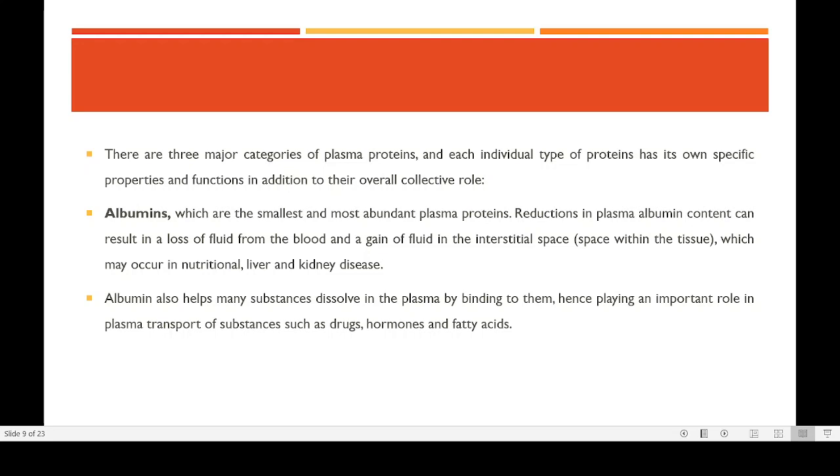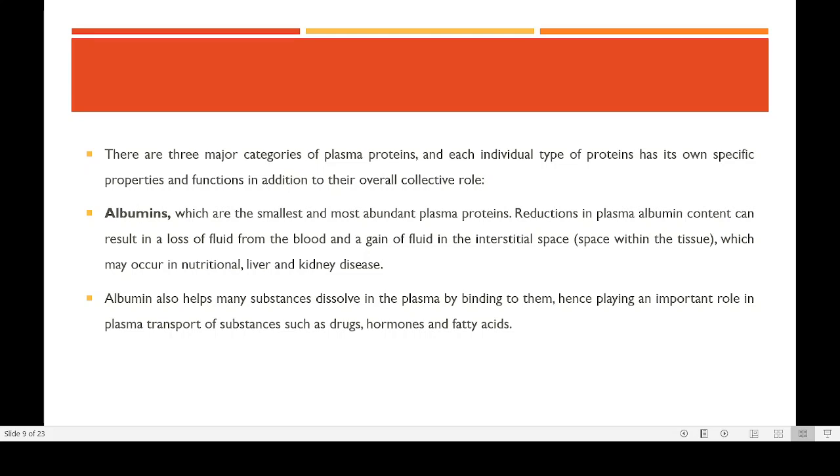Regarding the size of the protein, these proteins are very small. That is why they have two features: the smallest plasma protein as well as the most abundant plasma protein. Then reduction in plasma albumin content can result in loss of fluid from blood and gain of fluid in the interstitial space, which may occur in nutritional, liver, or kidney disorders.